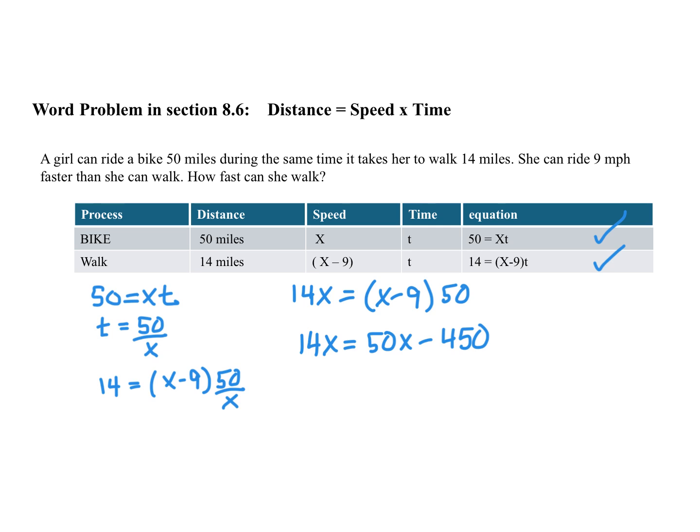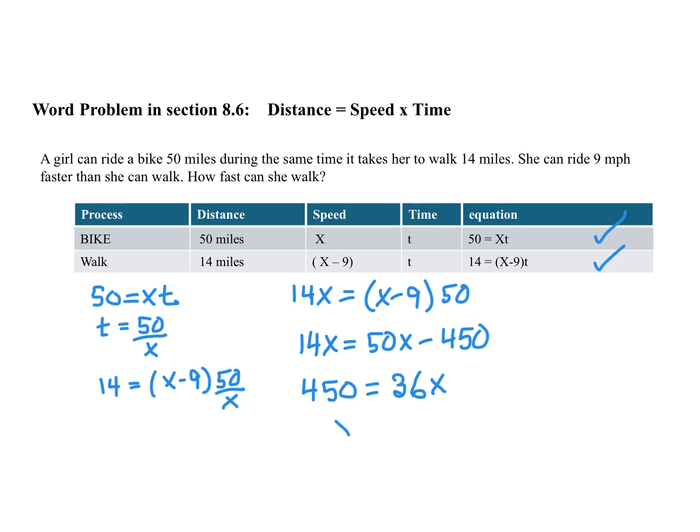Now we'll rearrange terms. We'll bring the 450 over as a positive, and we'll subtract 14x from both sides of the equation. So now we get 450 is equal to 36x when we take out the 14x.